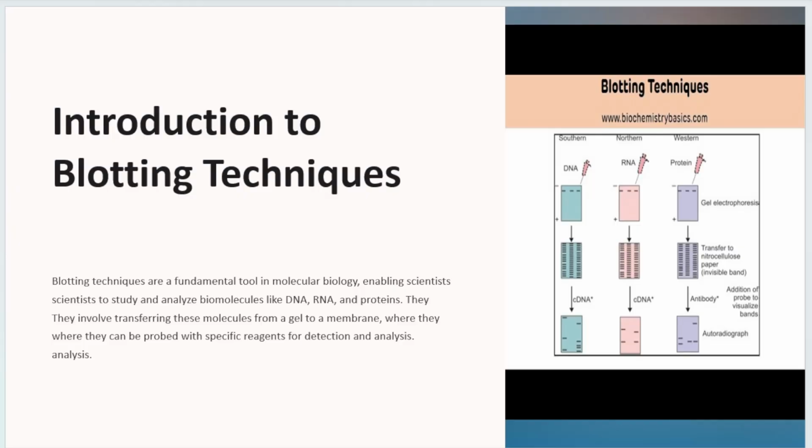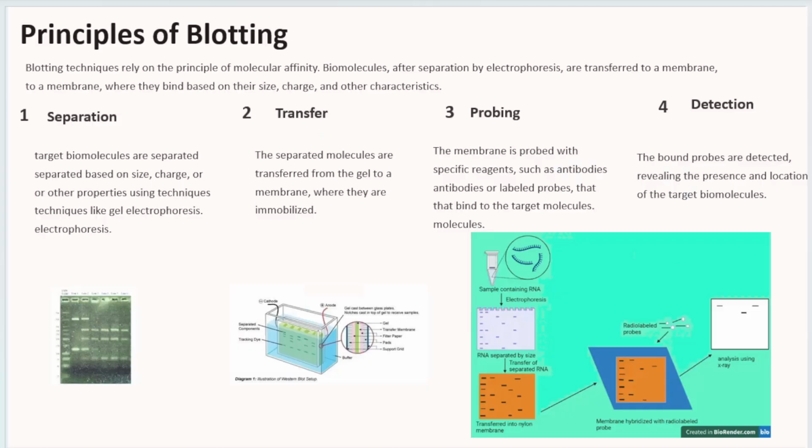So what are the principles behind this technique? First is a separation technique. In the separation technique, we have electrophoresis. During electrophoresis, we separate the DNA or RNA through agarose gel electrophoresis. For protein, we separate through polyacrylamide gel electrophoresis. So through gel electrophoresis, what happens?